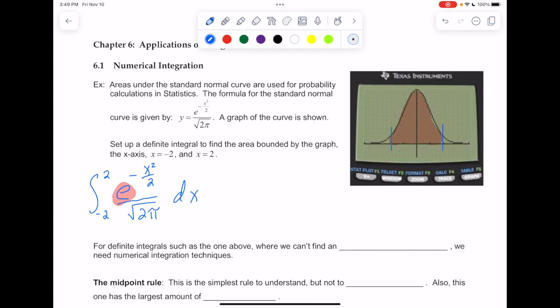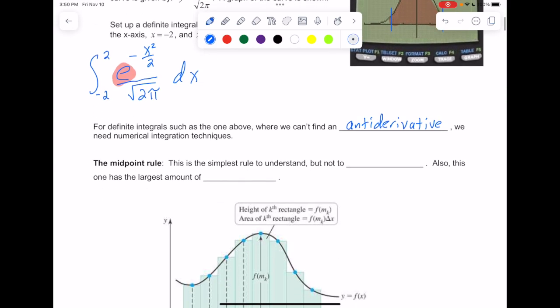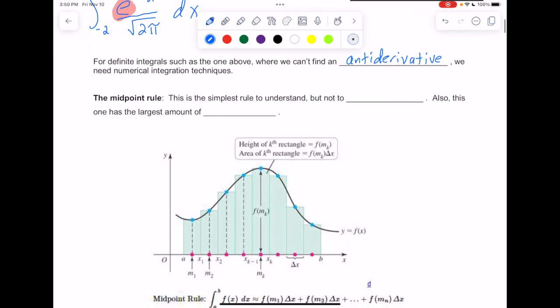So for definite integrals such as the one above, where we can't find an antiderivative, we need numerical integration techniques. So we're going to look at 4 different techniques in this chapter, and we'll start off with the midpoint rule, which is actually one we've already done, because when we did Riemann sums, we did them with a left endpoint, a right endpoint, or with a midpoint, and the midpoint rule is just doing that Riemann sum with midpoints.